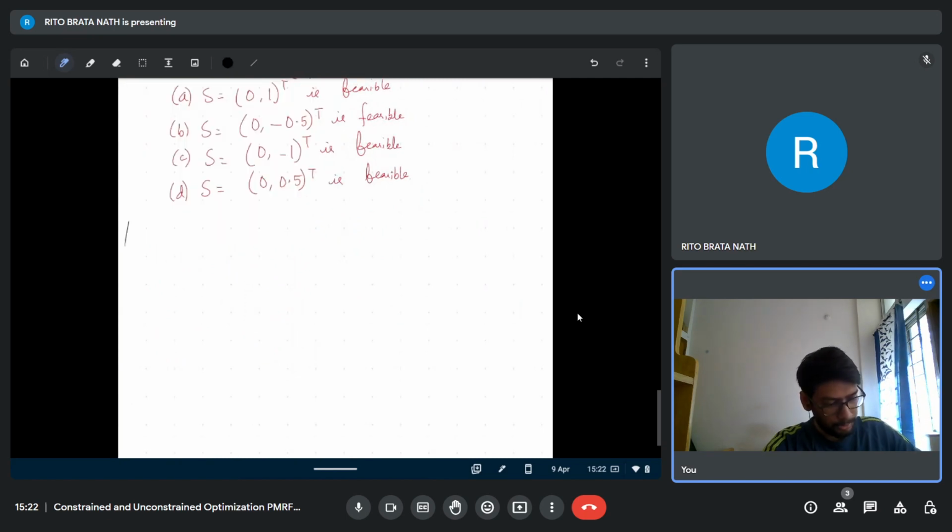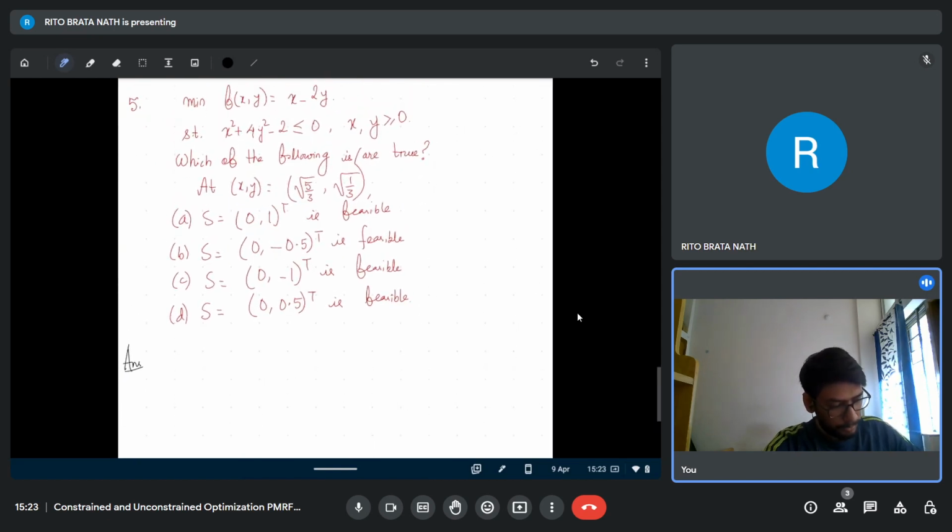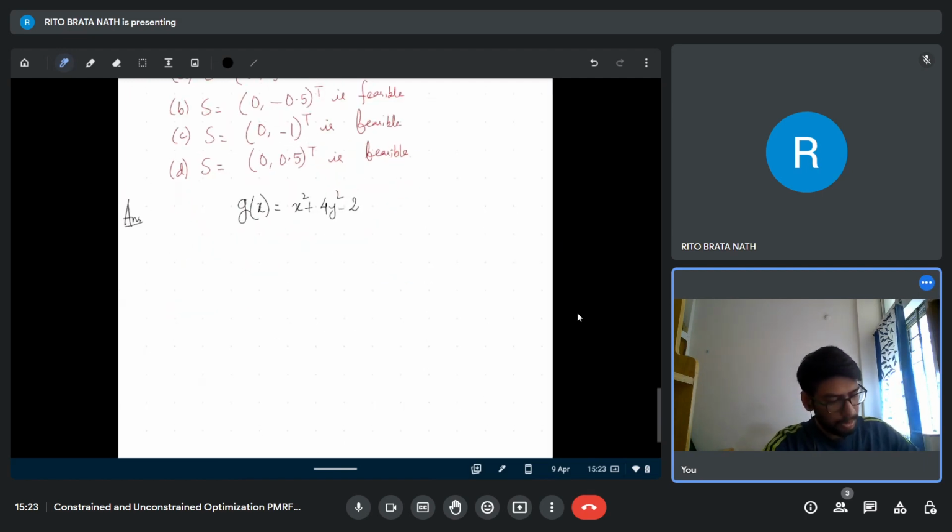Now let me start with this. Here I have to get the gradient of that constraint. My g(x) here is x squared plus 4y squared minus 2, and grad of g(x) is nothing but 2x and 8y. At that point, which is root 5 by 3 and 1 by 3, this would be 8 times 1 by 3.